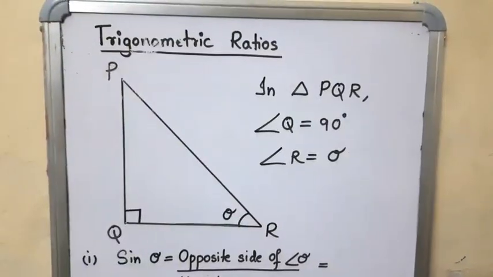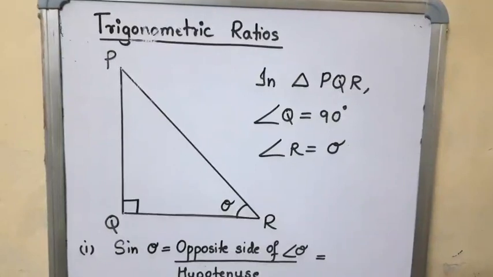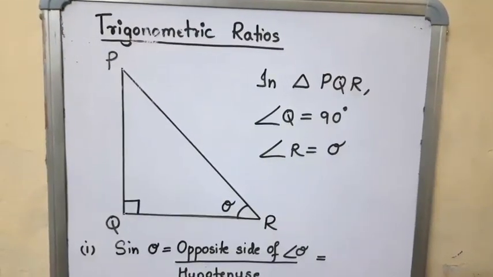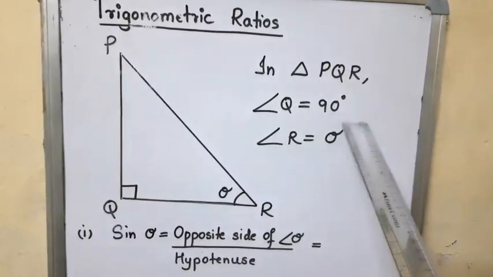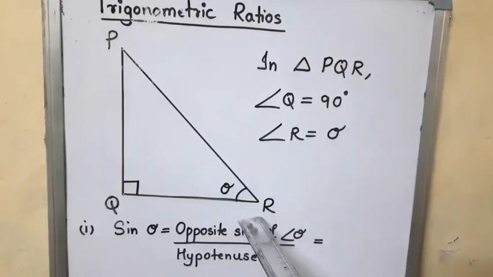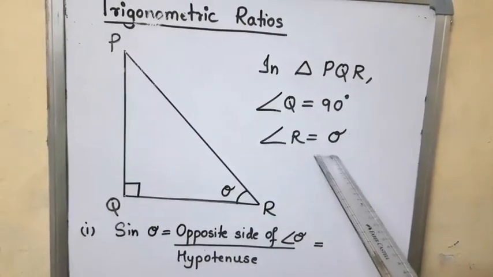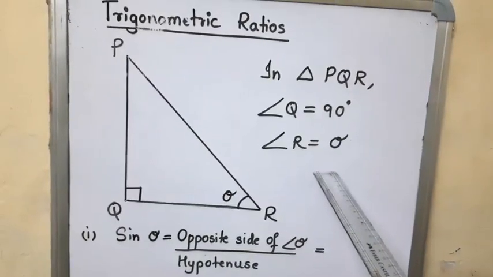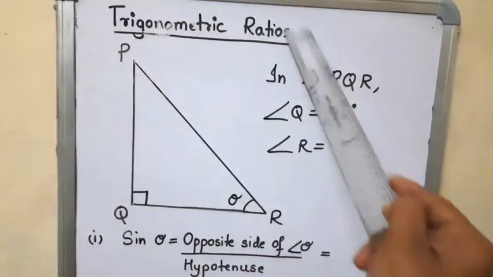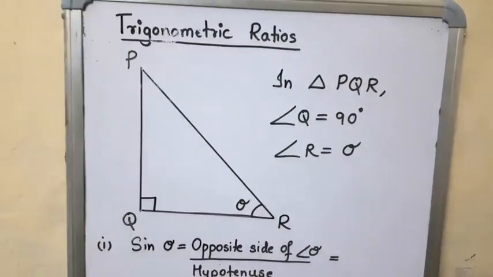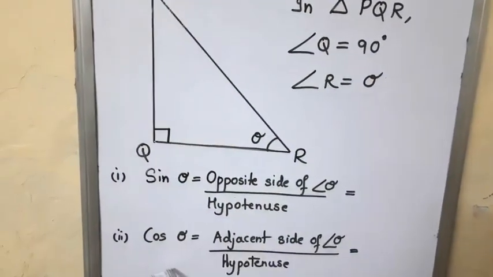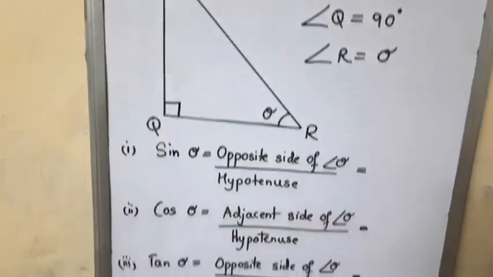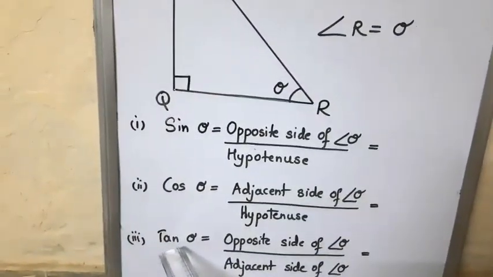Let's go to a new topic, trigonometric ratios. Here also we have taken a right angle triangle PQR, in which angle Q is 90 degree and angle R we have taken as theta. Therefore angle R is equal to theta. Therefore we have three trigonometric ratios. First one sin theta, second one cos theta, third one tan theta.